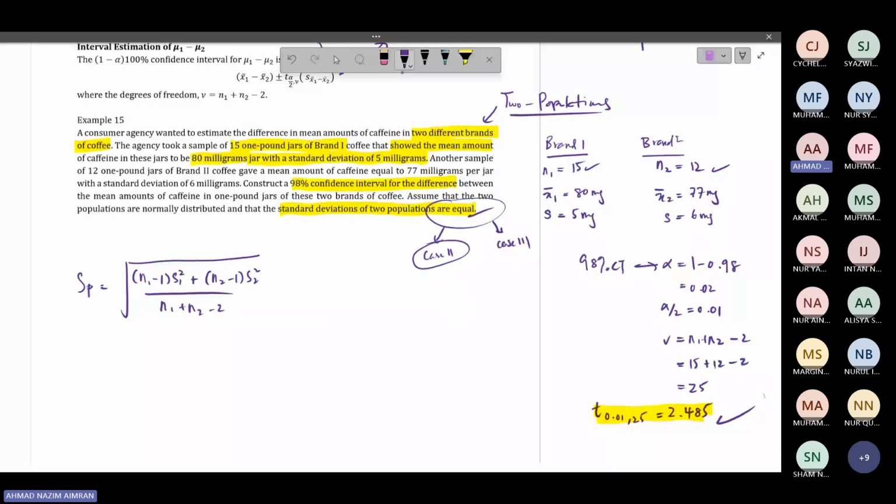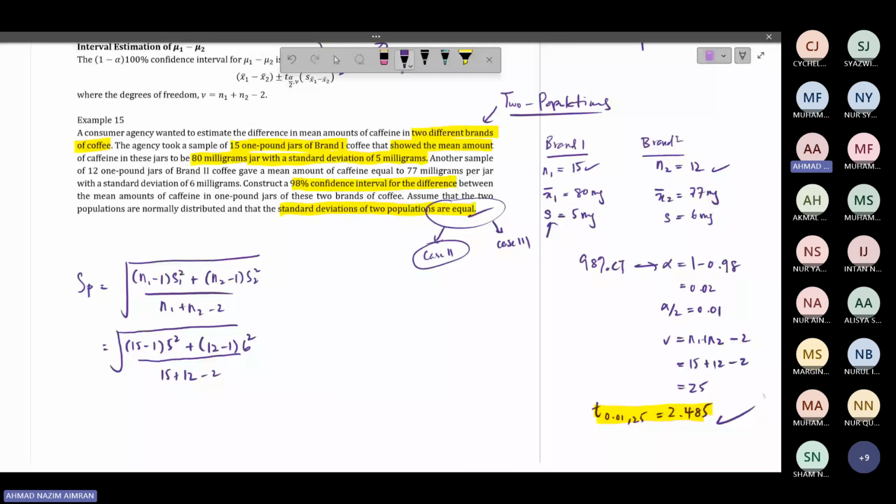This is equal to: N1 is 15 minus 1, variance is 5 squared, because these are standard deviations so you have to square the value, and the sample size for group 2 is 12 minus 1, variance of group 2 is 6 squared, over 15 plus 12 minus 2.